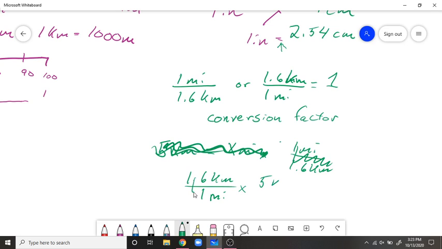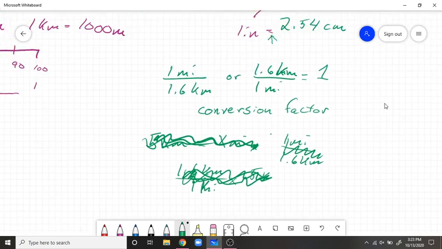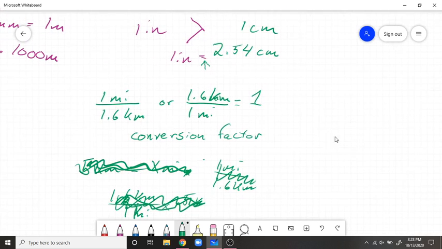I was wrong the first time. I should just stop, but I feel like I've committed, so I have to go all the way. I'll try one more time. My 5-kilometer race is how many miles? There we go.